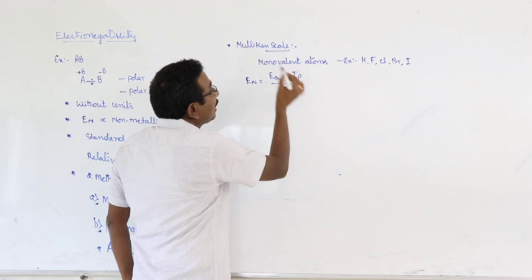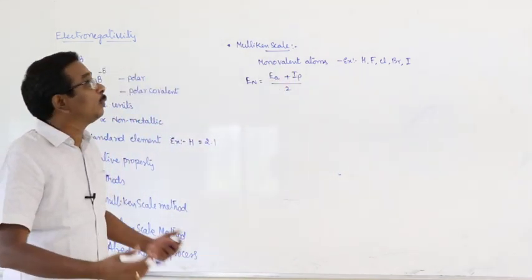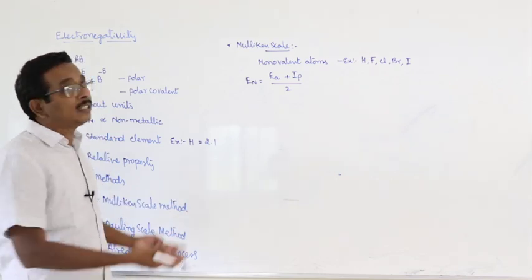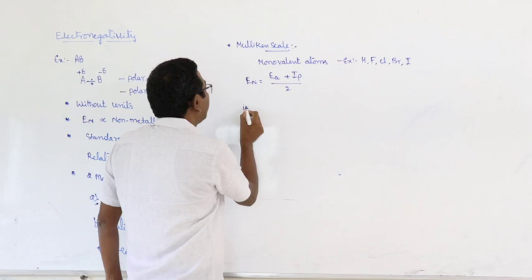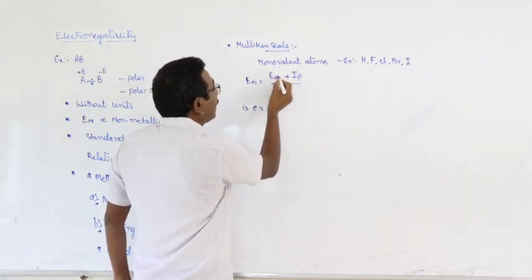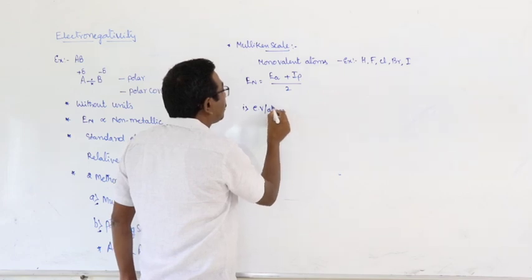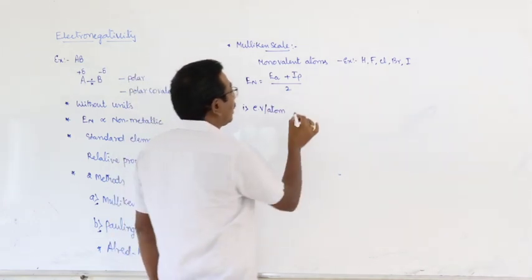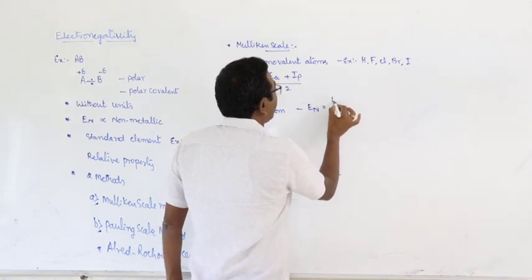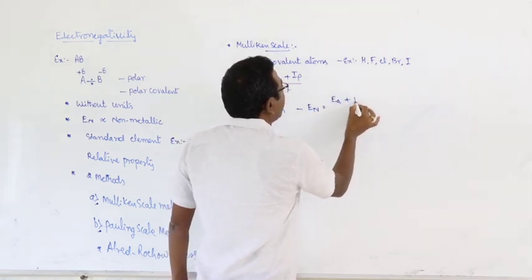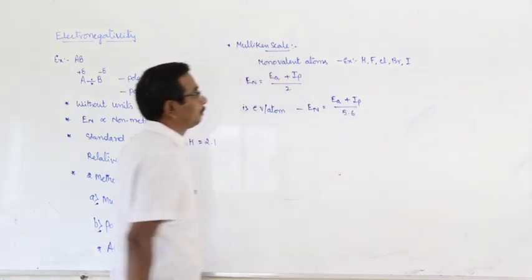Electron affinity and ionization potentials are represented with certain units, so the formula changes. First, when the electron affinity and ionization potentials are given in electron volt per atom, then electronegativity is equal to (electron affinity plus ionization potential) by 5.6.